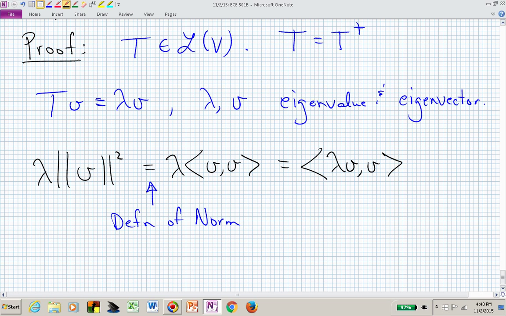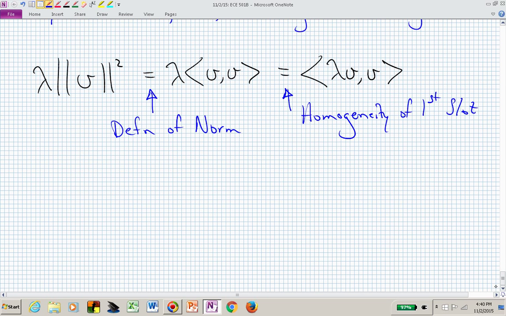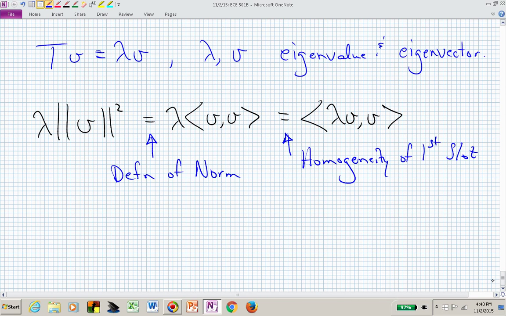And this is just the homogeneity of the first slot.